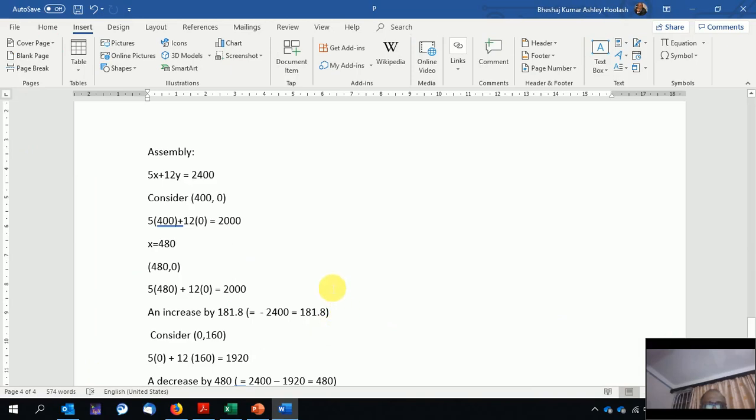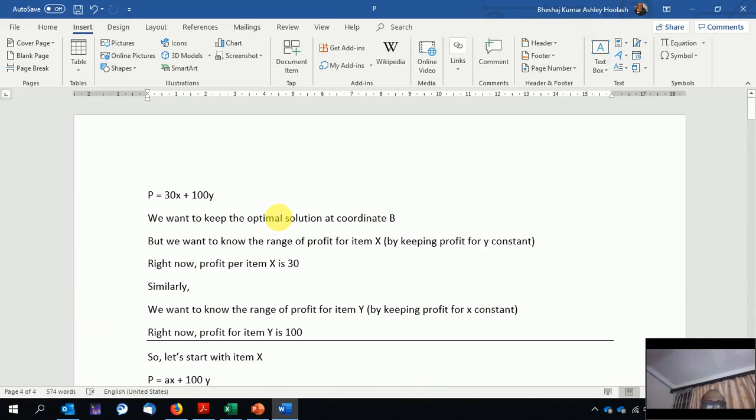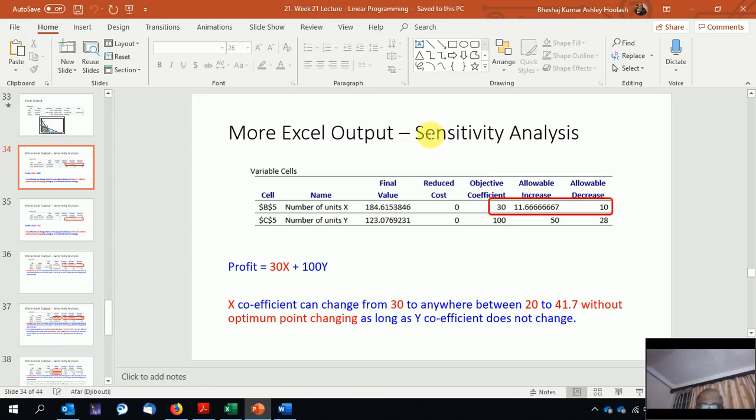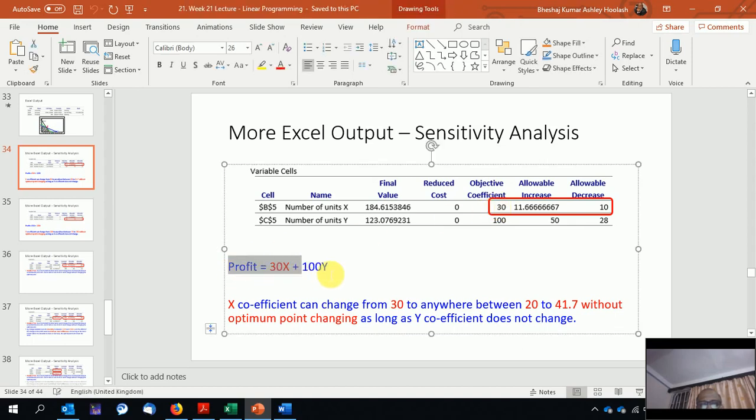So let me just pull this up. All right. First of all, we want to do sensitivity analysis for the variable cell. Now, what it means here is you want to see, if I have to start from the beginning, the profit equation is here, and you want to see how much you can increase or decrease the profit.